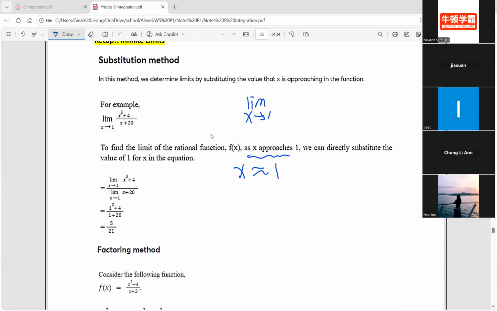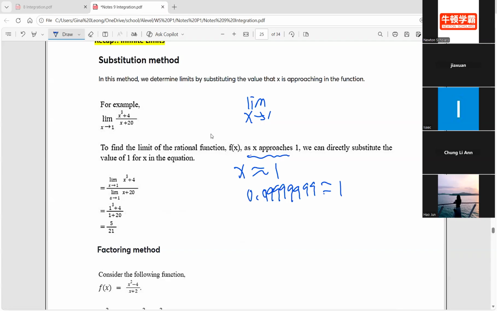When he said limit to 1, that means the x value is very near to 1. What is the concept? It's something like 0.99999, a lot of 9. And this one is nearest to 1, right? This is what he tried to tell you.